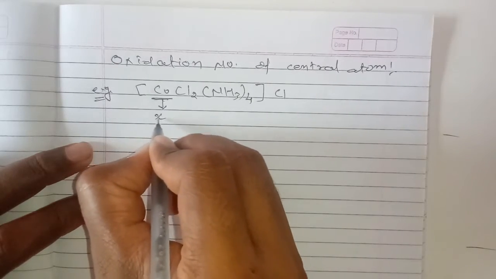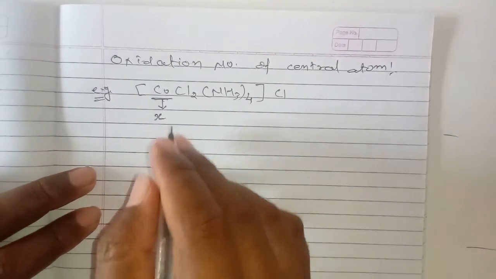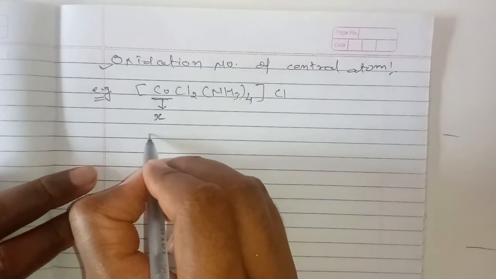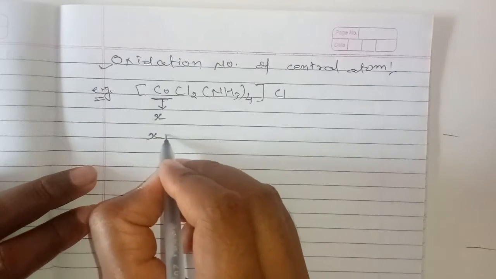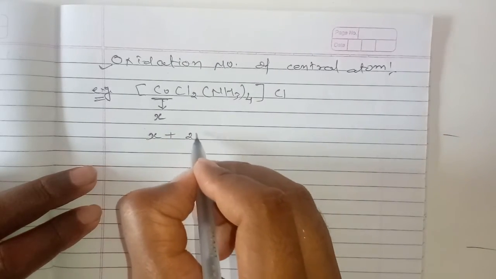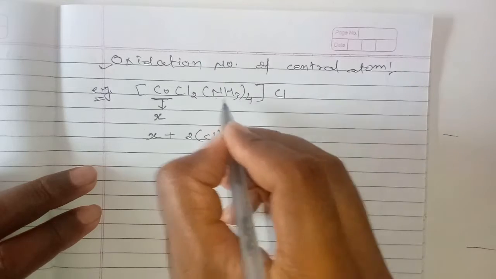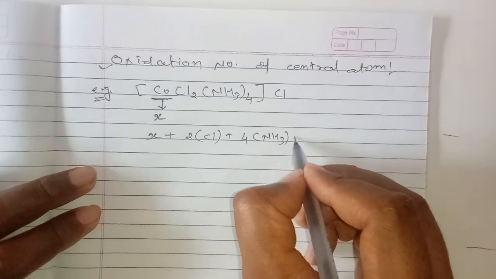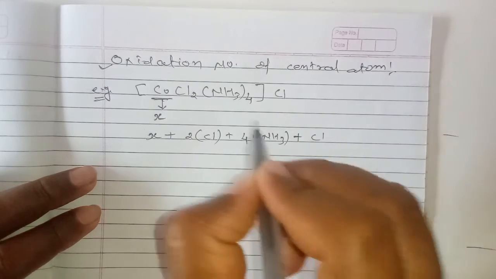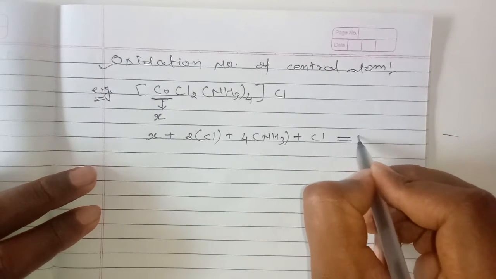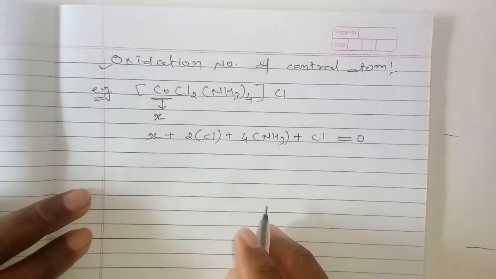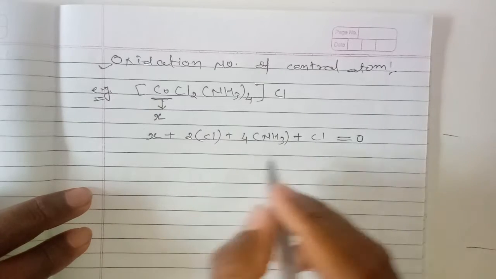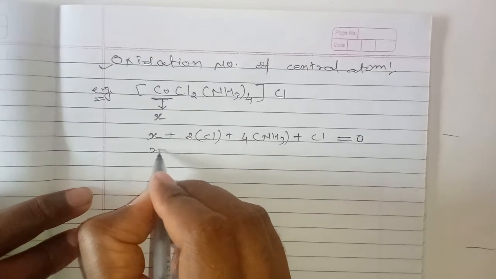So it is assumed as X. So as per calculation of oxidation number, X, and here twice Cl and 4 molecules of ammonia, and then plus here the Cl, and their total is 0. Here the no charge, so it is 0.